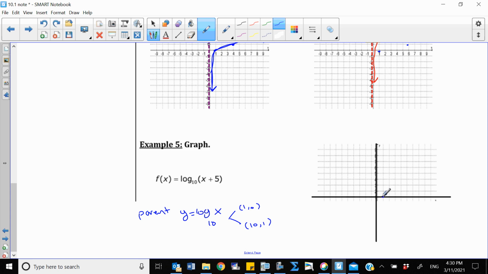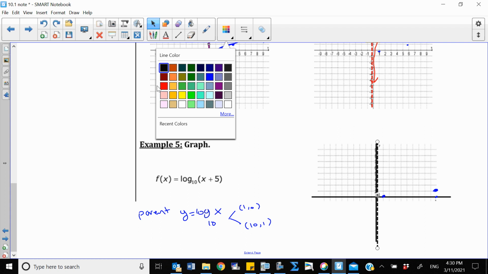So (1, 0), and then the next one is (10, 1). So 1, 2, 3, 4, 5, 6, 7, 8, 9, 10. 10 is here, (10, 1) is going to be here. So these two are my points. And again, I have a vertical asymptote here at x equals 0. So this is my vertical asymptote at x equals 0.